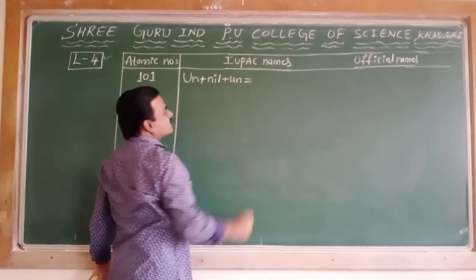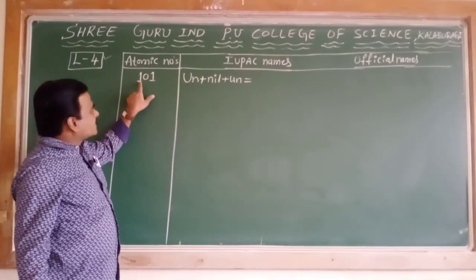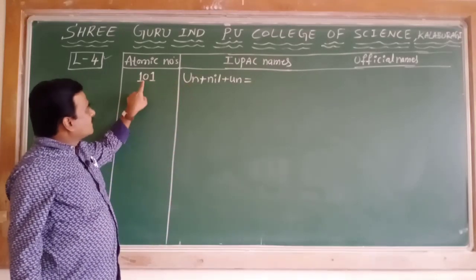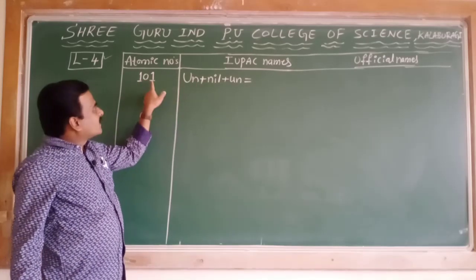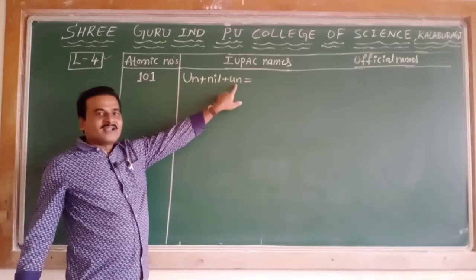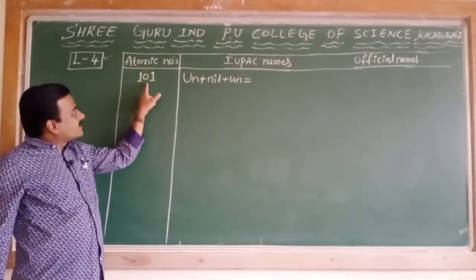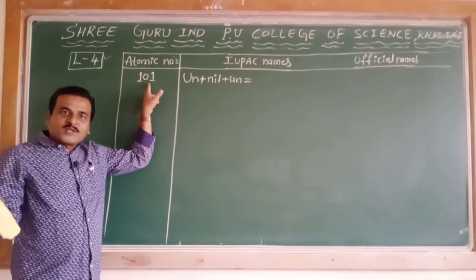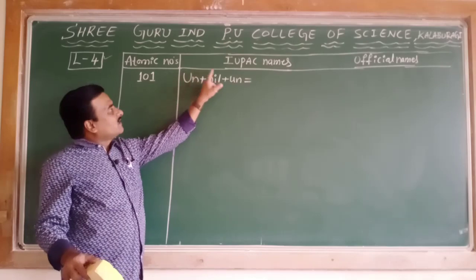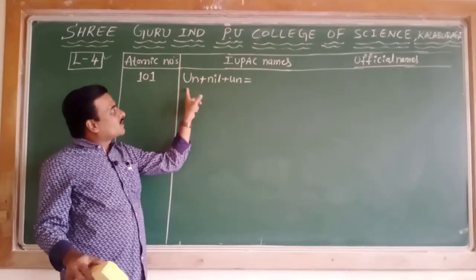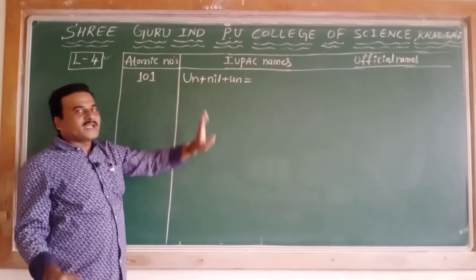First digit 1, un, second digit 0, nil, third digit 1, un. I repeat, the names of the Latin digits are put together in the order in which they appear.